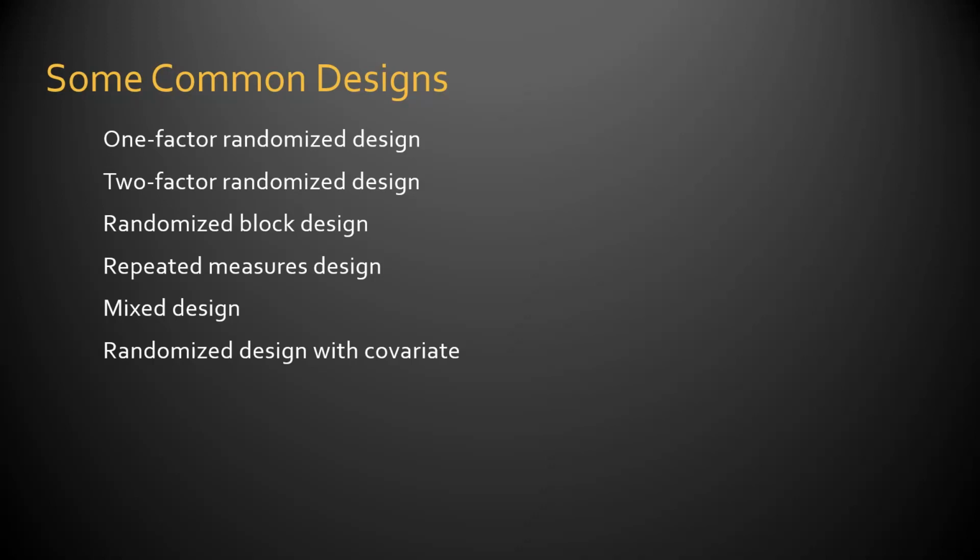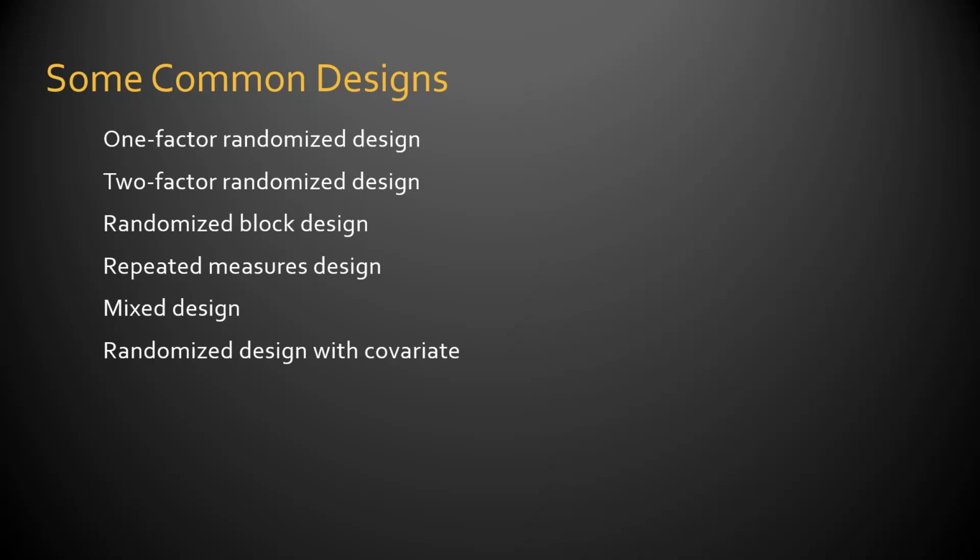I just called it a mixed design here, but we really could be more explicit about what we did. We could say that we had one randomized factor and then repeated measures on the other factor. That would be a fine way to describe that design. Or we could have an observational factor and then repeated measures on the other factor.